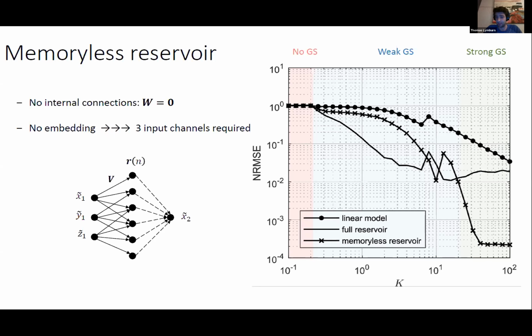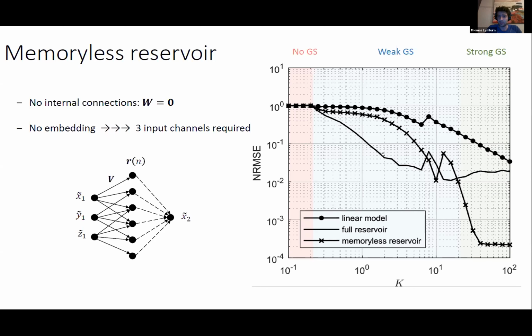Now, given that these strong GS functions over here are functions of the instantaneous inputs rather than these temporal convolutions that we have in the weak GS regime, the effective size of the memoryless reservoir in this strong GS regime is essentially much larger than the full reservoir. So that's why we think we're seeing this discrepancy over here.